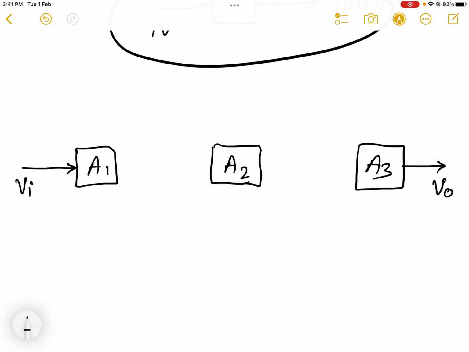Now I want to connect these amplifiers together, but I do not connect them directly. I connect them through R and C, meaning resistors and capacitors. So I take one capacitor like this and connect it in between two amplifiers.